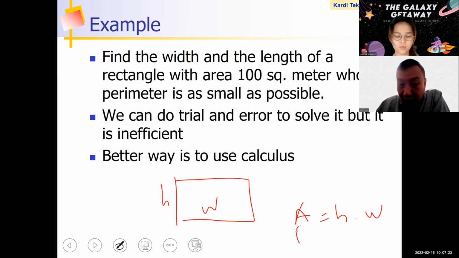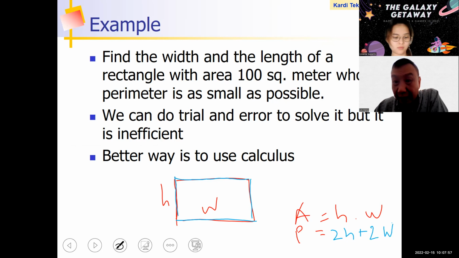How about the perimeter? Do you remember? The perimeter is this H, I color it differently, so this H plus this W plus this H plus this W. So you will have 2H plus 2W, correct?